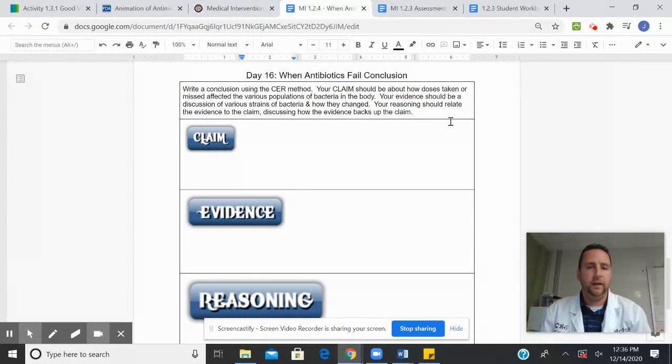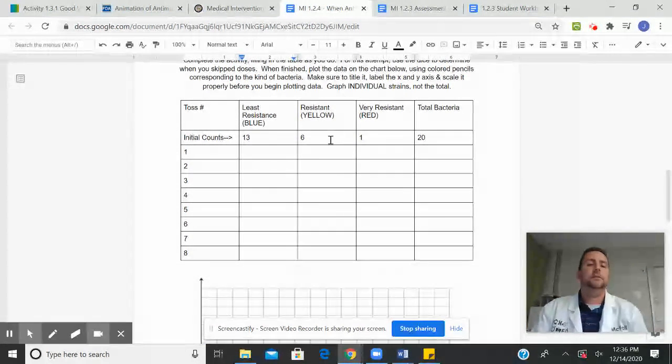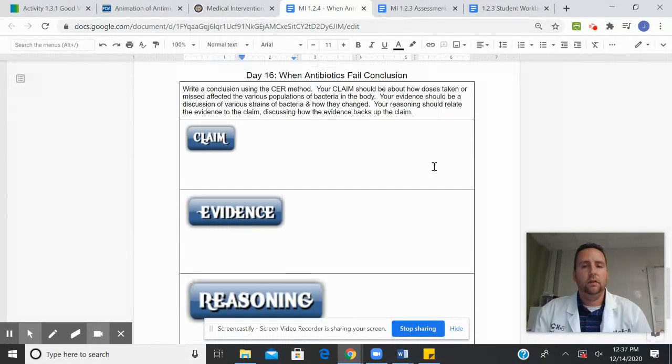Now, where's your evidence for that? That would be discussing different strains. So you're going to go back and discuss, when you took a dose, how did that affect the different strains of bacteria? When you did not take a dose, how did that affect the strains of bacteria? And then finally, your reasoning should relate the evidence to the claim, so discussing how it backs it up.